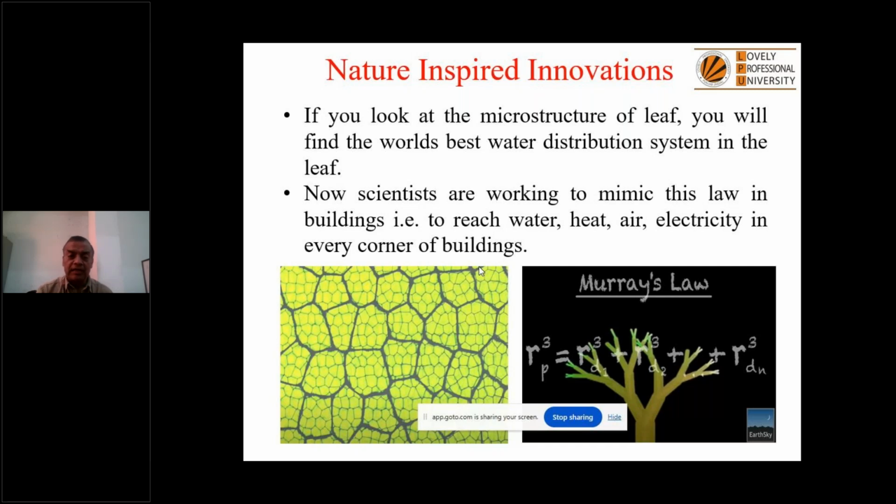Electricity also equally, every corner of the building. So in the same fashion as this water is distributed, they will lay out the pipelines to send electricity, water, and air to every corner of the building. So this microstructure of the leaf that supplies water to every corner is being adopted nowadays through these innovations.